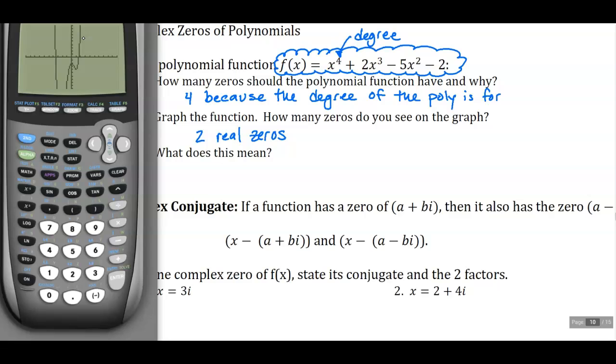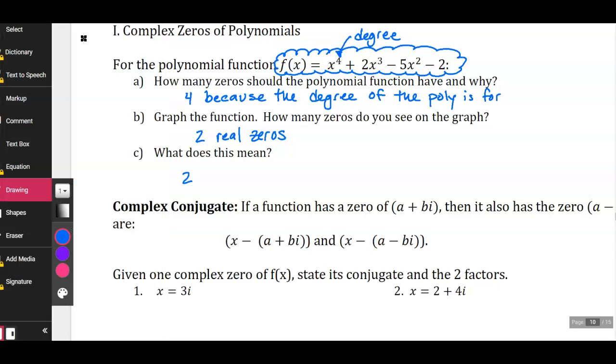So there has to be 2 what are called imaginary zeros or complex zeros. And these zeros can be theoretically found at the turning points. The reason why I say theoretically is because if I say they can be found at the turning points, you guys are going to try to go in and find the x value there to find the zero.